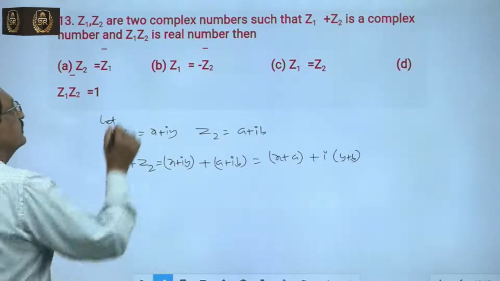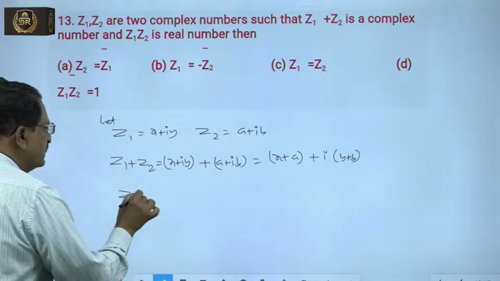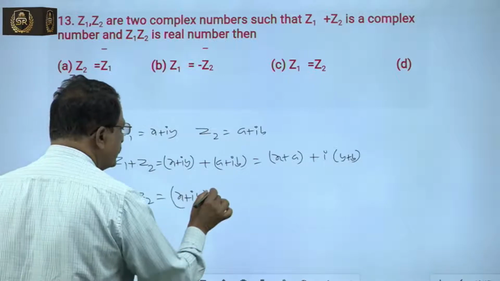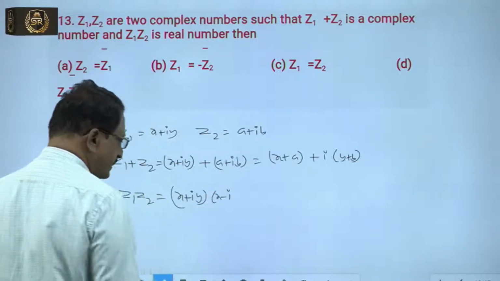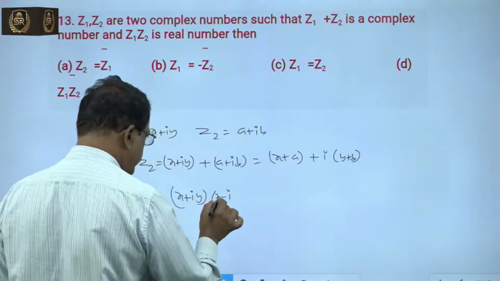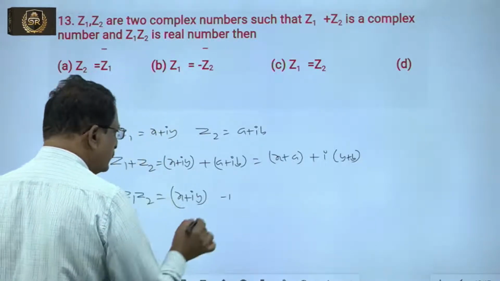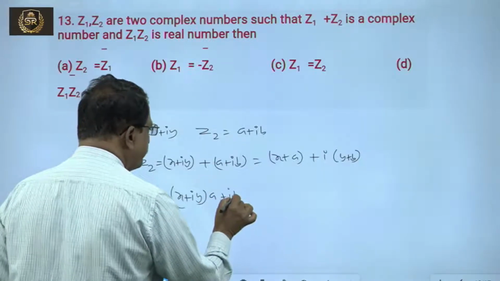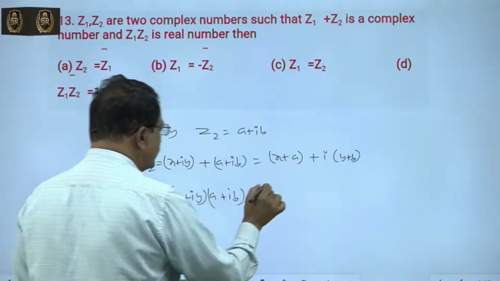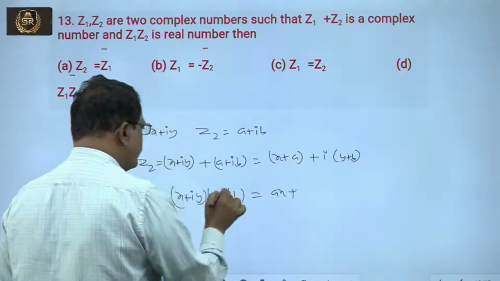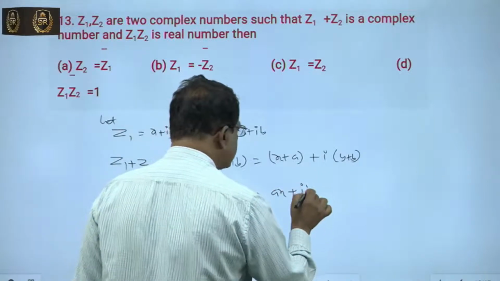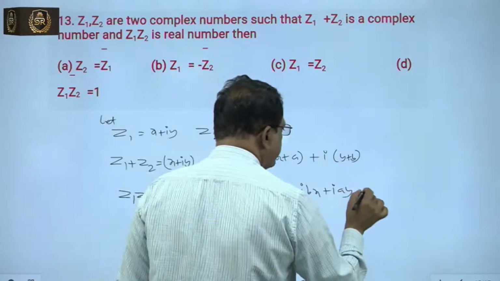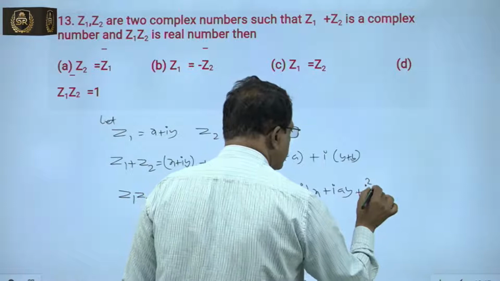Next, Z1 Z2 is a real number. Z1 into Z2 equals x plus Iy into a plus Ib. Multiplying together: ax plus Ibx plus Iay plus I square by.